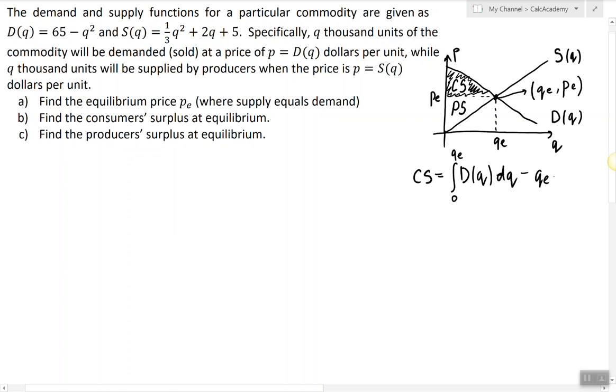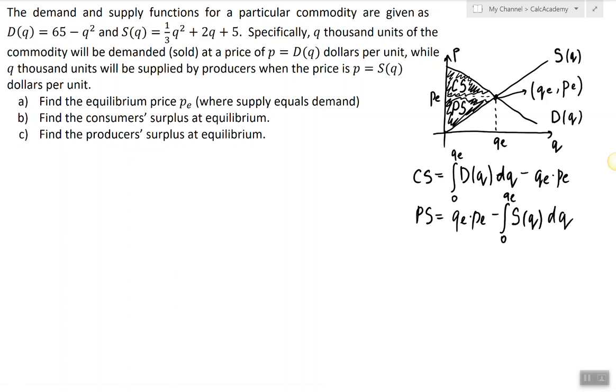So we just subtract QE times PE. And producer surplus will be the area right here, which we can find by starting with the rectangle and then taking away the area underneath the supply curve. These are the simple formulas to find consumer surplus and producer surplus.